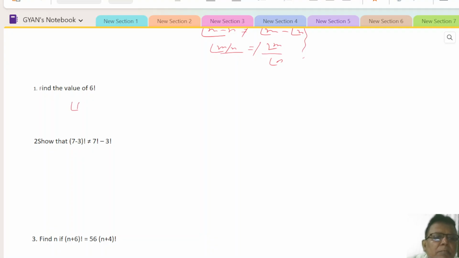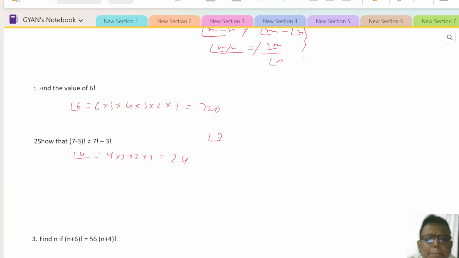Factorial 6 is 6 into 5 into 4 into 3 into 2 into 1, which is 720. And 7 minus 3 factorial is 4 factorial. 4 factorial is 4 into 3 into 2 into 1, that is 24.